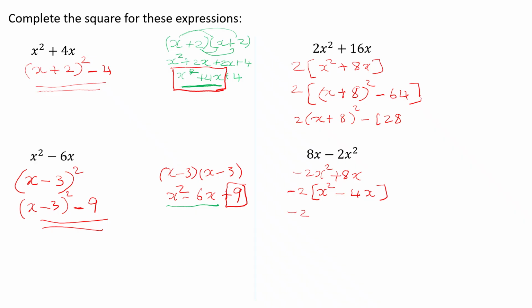Now I do this completing square. So x, half of 4 is 2, square it, take away 2 squared, which is 4. Now multiply negative 2, so negative 2 times x minus 2 squared, negative times negative positive 8. So this is the answer.